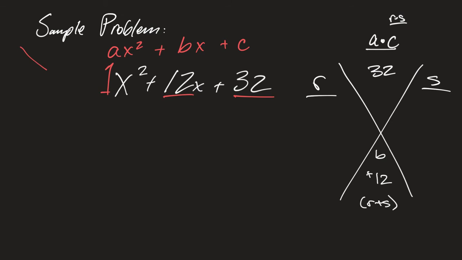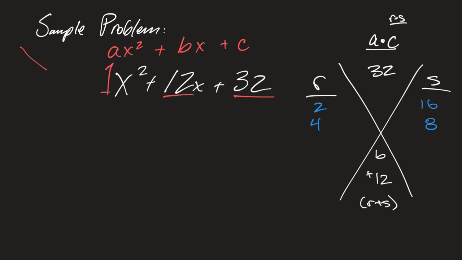I'm looking for 2 numbers, r and s, that when I multiply them together, I get 32, and when I add them together, I get 12. So I'm going to start listing factors of 32. Well, 2 times 16 is 32. What else? 4 times 8 is 32.